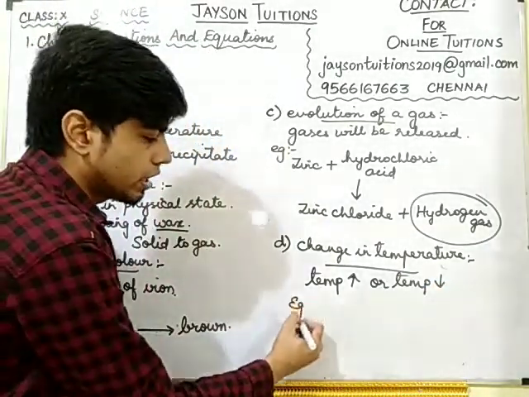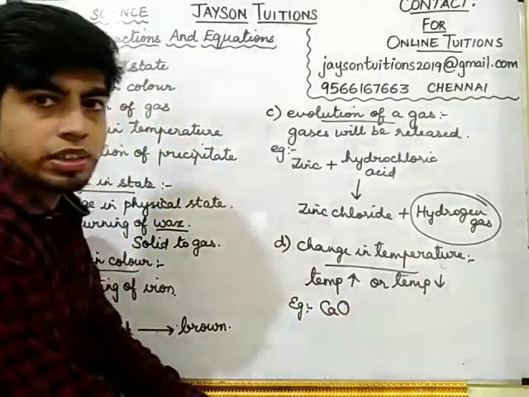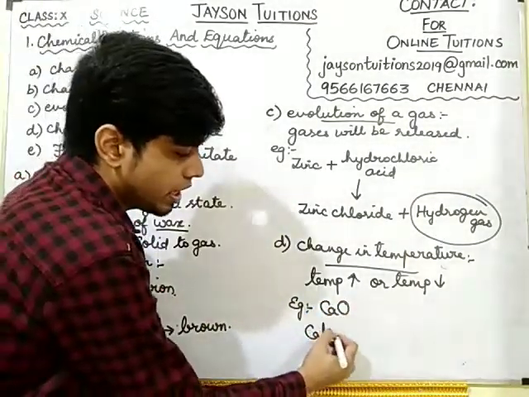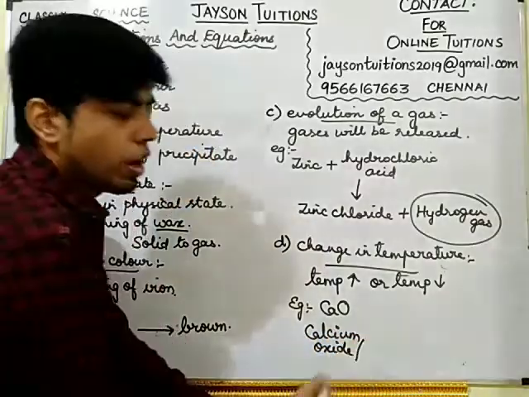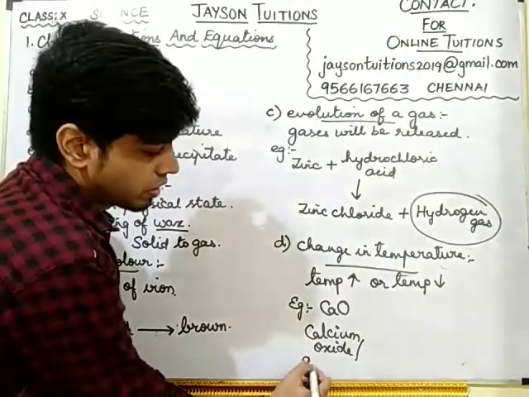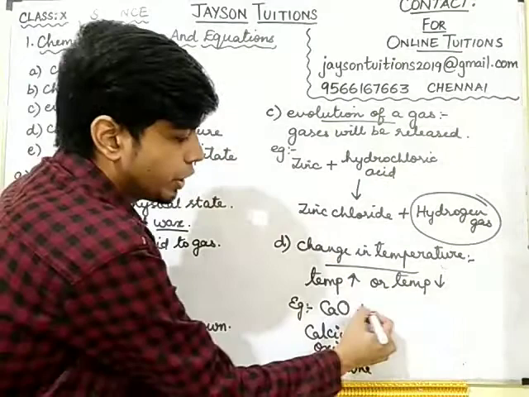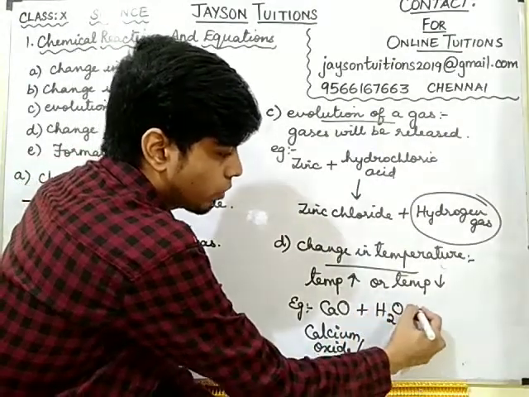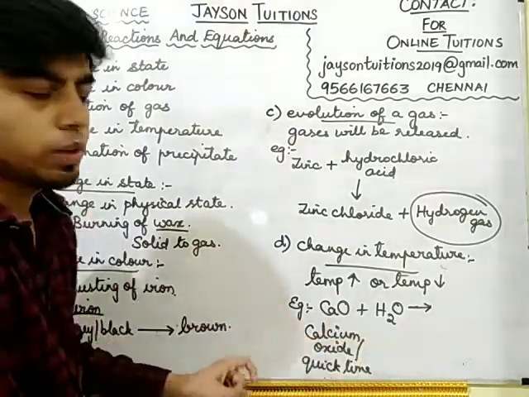Okay, so I will give an example. Calcium oxide. CaO means it is calcium oxide, or the other name for calcium oxide is quicklime. Okay, when you treat it with water, what will happen? When you treat calcium oxide with water, what will happen?